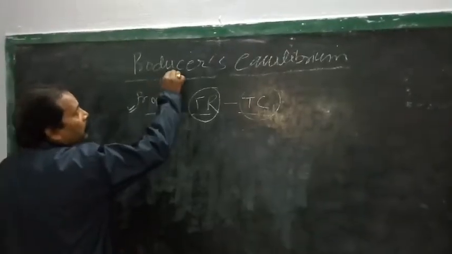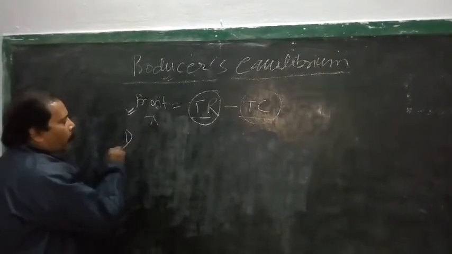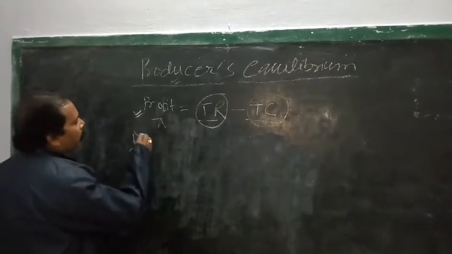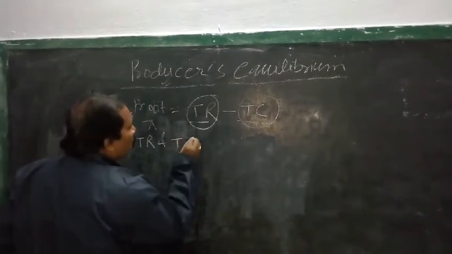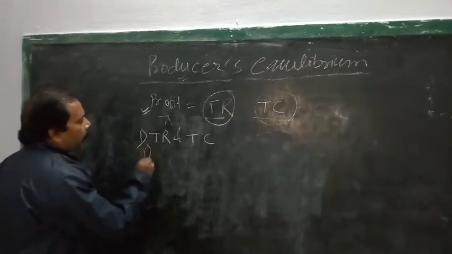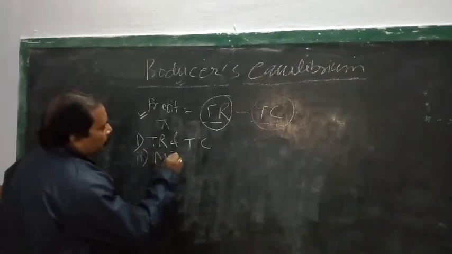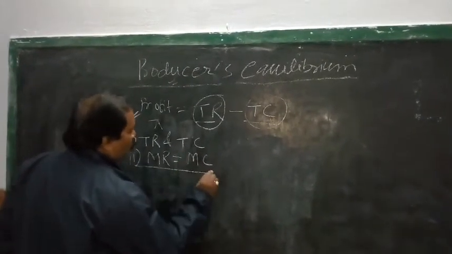The producer's equilibrium can be determined by two methods or two approaches. One is known as the total revenue and total cost approach, and the next one is known as the marginal revenue must be equal to marginal cost approach.